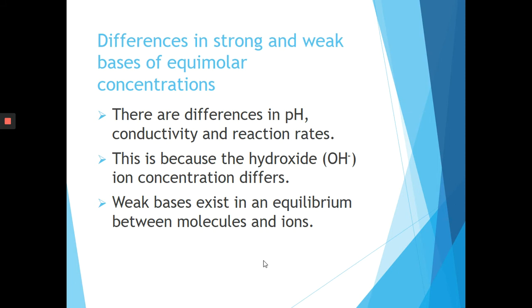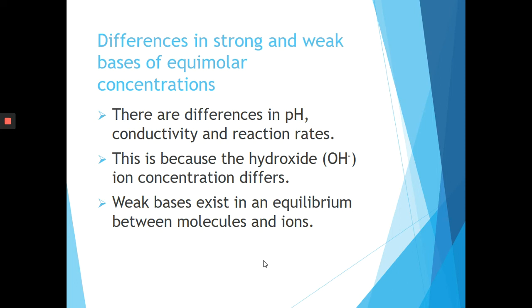So first thing we're going to do is look at the differences between our strong and our weak bases in equimolar concentrations. Equimolar being the same concentration, okay? pH, yes, I've said it's hydrogen. We will have some hydrogen ions existing in our alkalis. The number of them will depend on whether it's a strong alkali or a weak alkali or a weak base, okay?